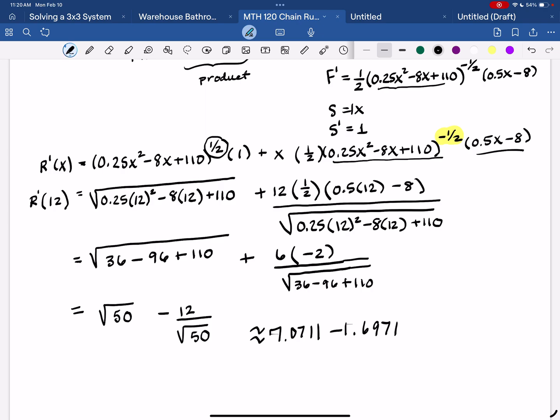I'm going to subtract those two. 7.0711 minus 1.6971 is approximately 5.374. So to two places, $5.37. That means when we sell 12 of these units, our revenue is going up by $5.37.